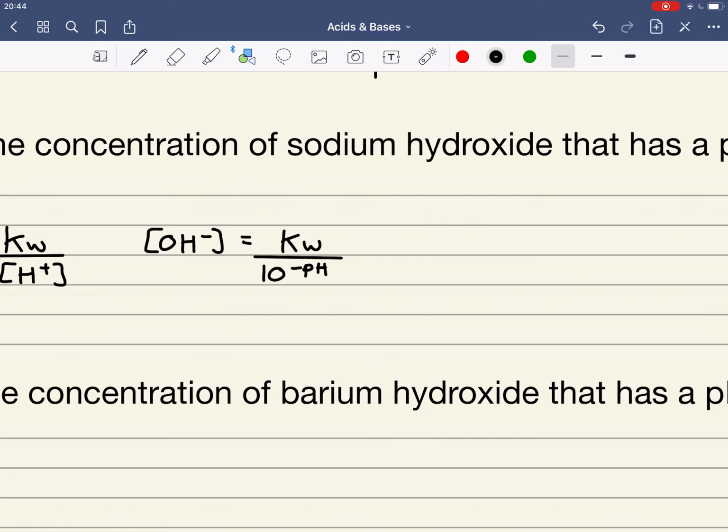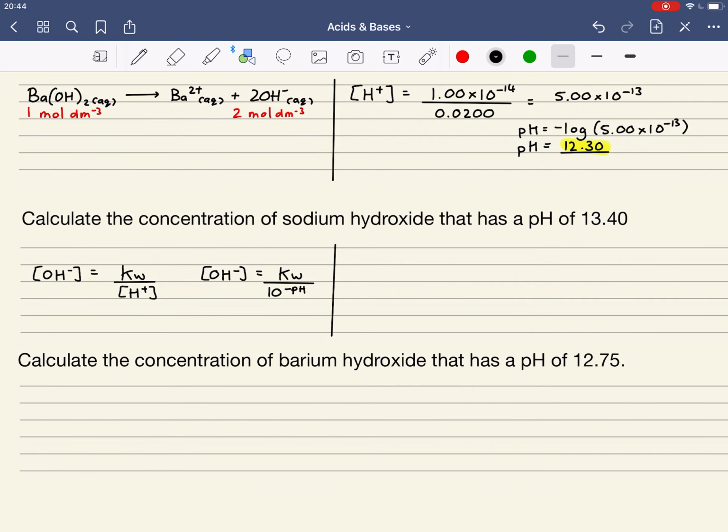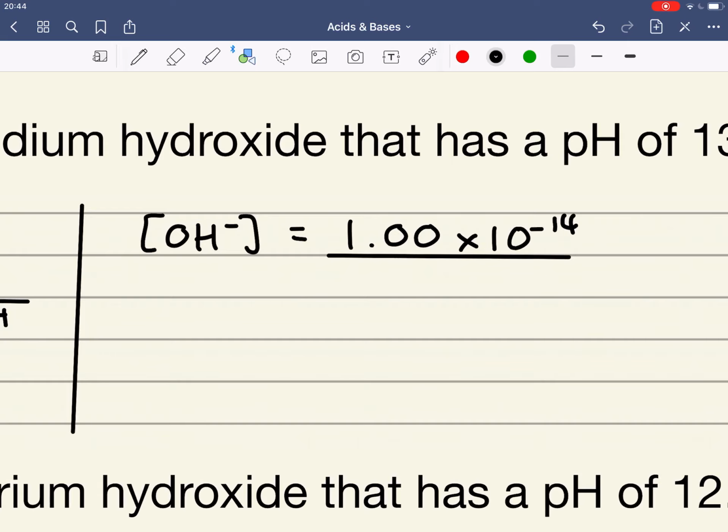So in this particular example then, I've got to work out the concentration of sodium hydroxide with a pH of 13.40. So I first work out my hydroxide ion concentration, that's equal to 1.00 times 10 to the minus 14 divided by 10 to the minus 13.20.